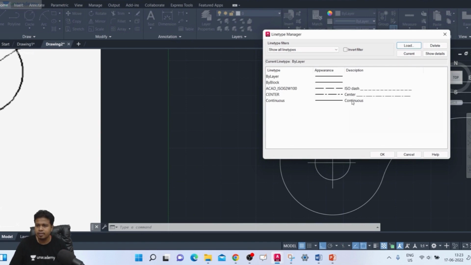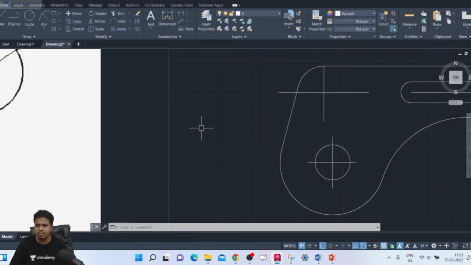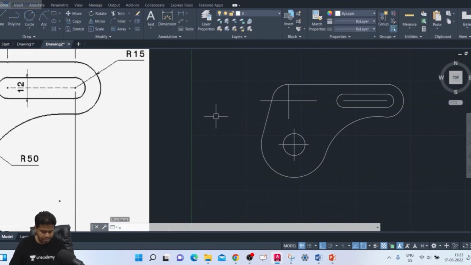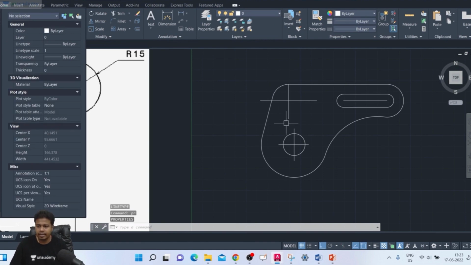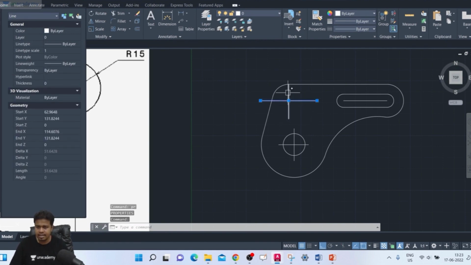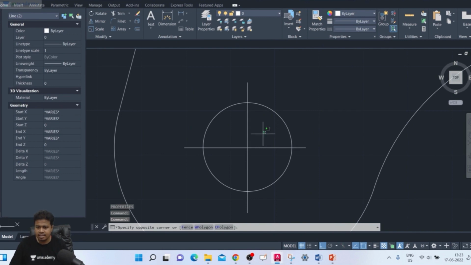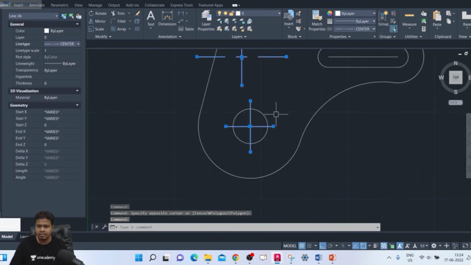As of now, go to properties. Select this line, and select this line. Go to line type, pick center.